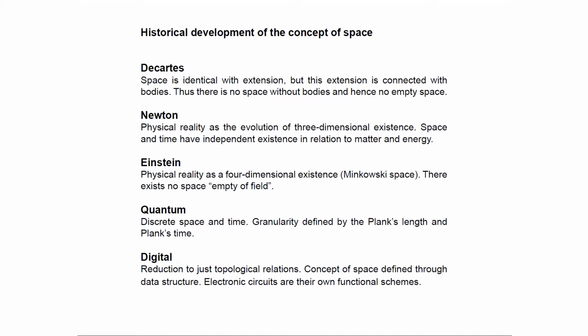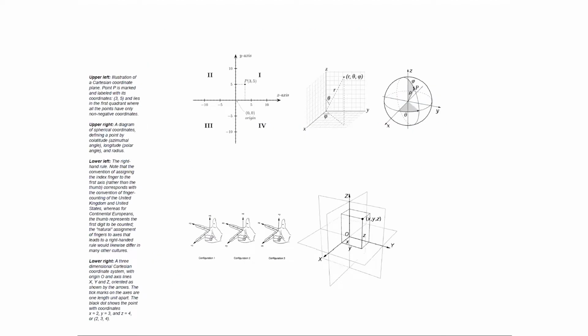These geometrical relations are created from these topological relations. It's maybe a bit technical, but it's a further abstraction of what space is. Okay, so those are the philosophical developments of this concept.